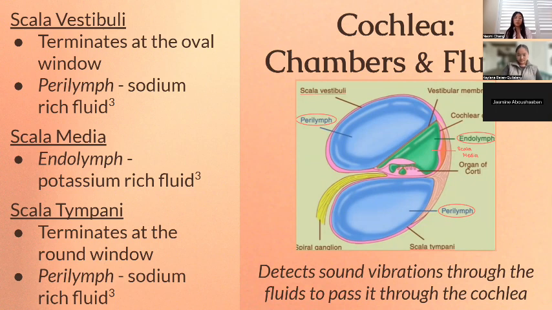It terminates at the round window. And then we have the scala media, which is filled with endolymph, which is a potassium-rich fluid. And what these do is detect sound vibrations through these fluids and pass them further into the cochlea.